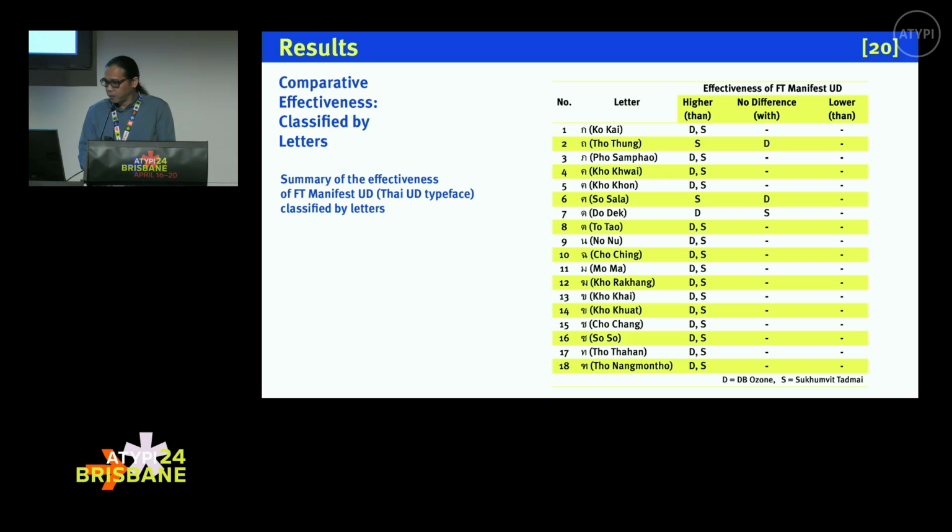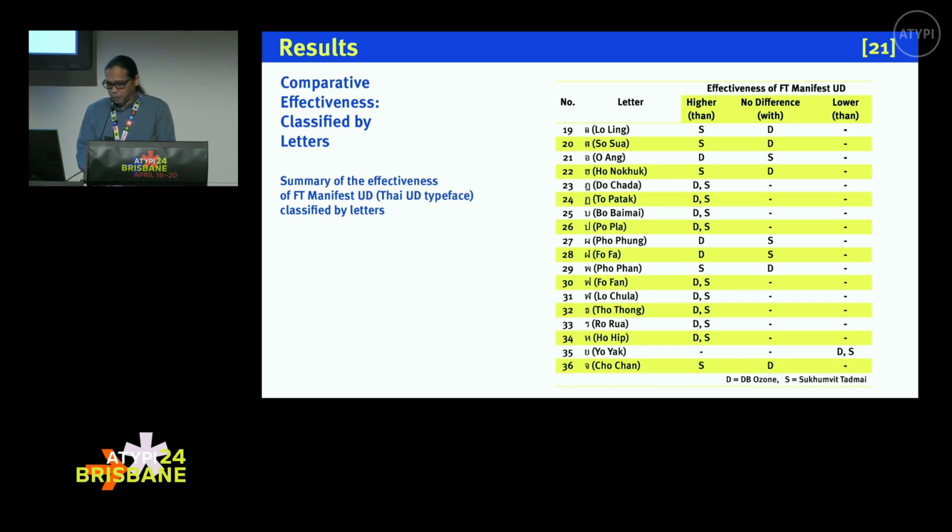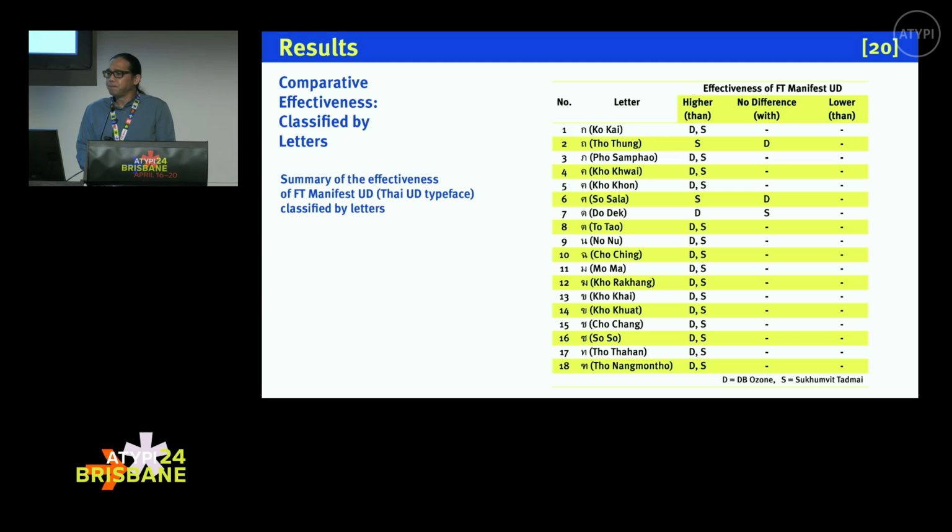From the two tables, the table indicates that the effectiveness of FT Manifest UD is higher than the effectiveness of DB Ozone and Sukhumvit, but some results show no difference with DB Ozone and Sukhumvit Tadmai.